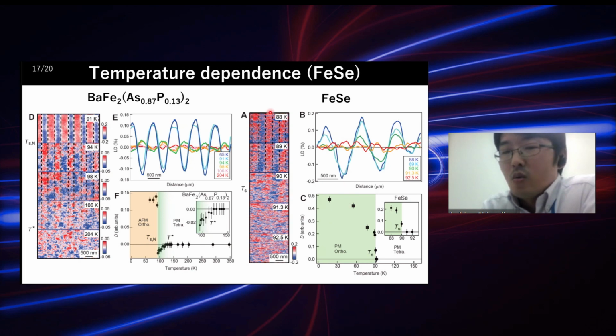We just observe the suppression of the stripes across TS, and the amplitude also decreases in this panel, and we observe the clear suppression as a second order phase transition. So these data show that the temperature dependence of the nematicity wave is consistent with the bulk electronic properties of these materials.